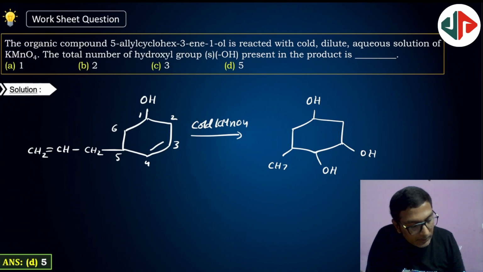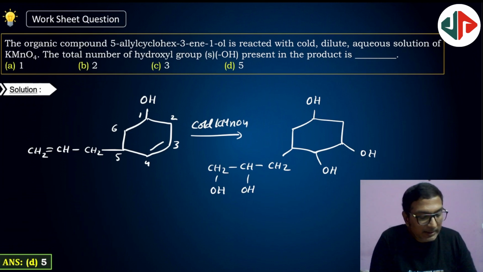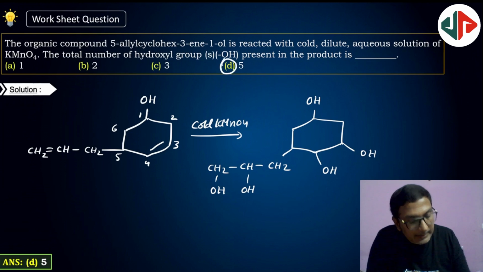Next CH2, CH, CH2, here 2 OH groups. So the total number of hydroxyl groups present in the product is 1, 2, 3, 4, 5. So D is the answer.